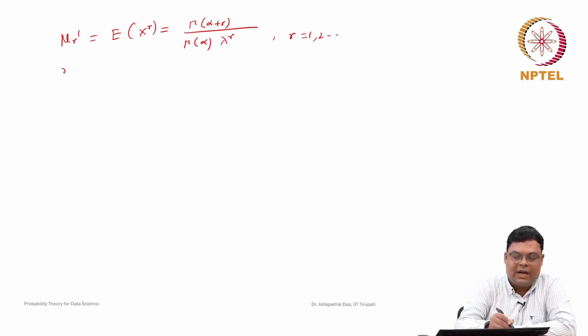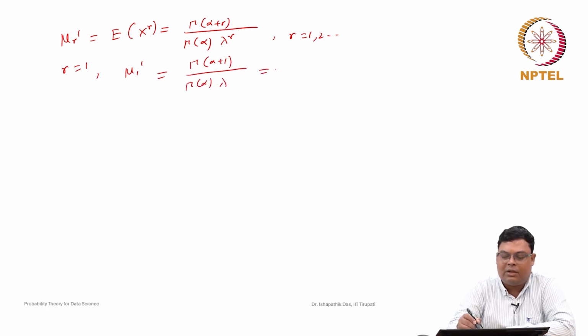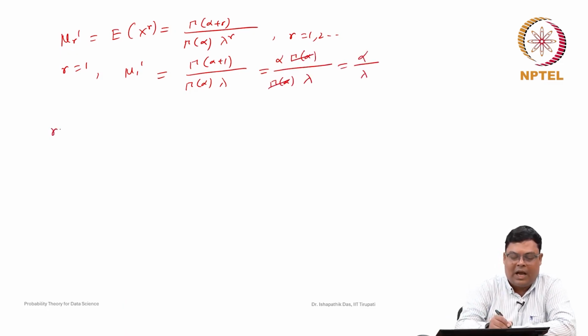Now, if you put r is equal to 1, we will get mu 1 dash. This is nothing but gamma alpha plus 1 by gamma alpha by lambda. We already discussed the formula: gamma alpha plus 1 is alpha gamma alpha, so we can simplify it like this. Then gamma alpha cancels, and this is nothing but alpha by lambda. Now, for r is equal to 2, what will be mu 2 dash?